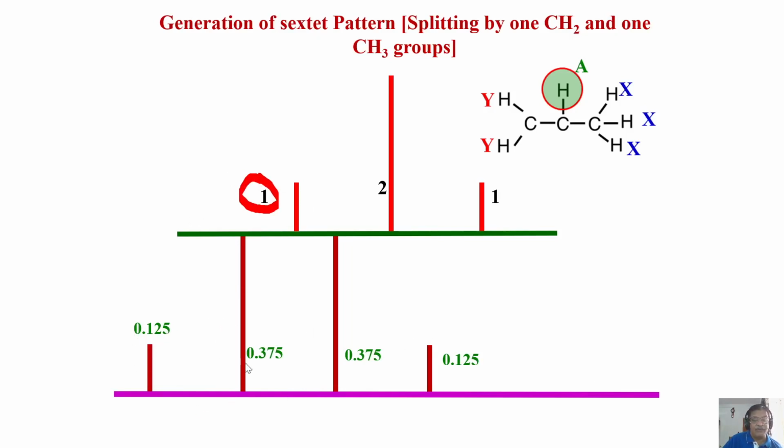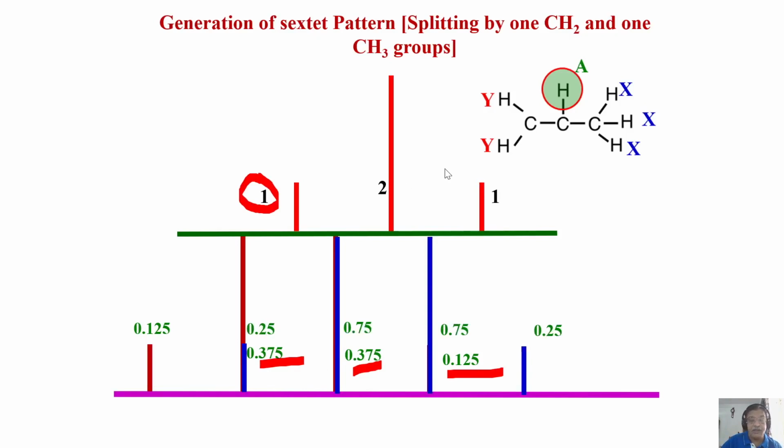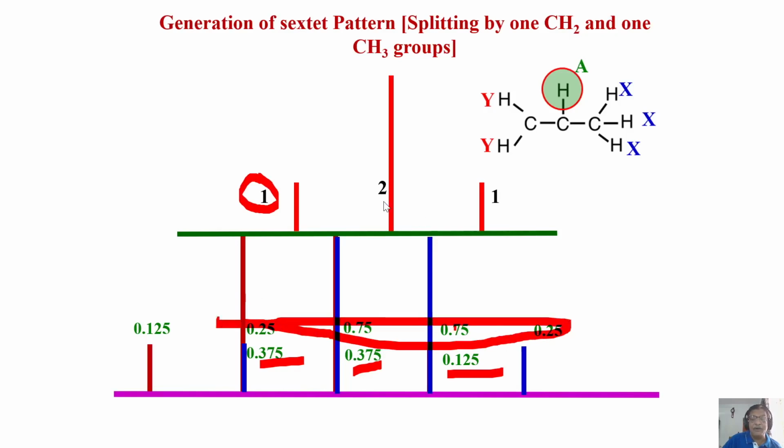This is 0.125, 0.375, 0.375, 0.125. So the total is 1. Now this is 2. So it will become 0.375, 0.375, 0.1. Sorry, 0.25, 0.75, 0.75, 0.25. So that this total will be 2. Now the last one, same, it's a quartet with intensity like this.